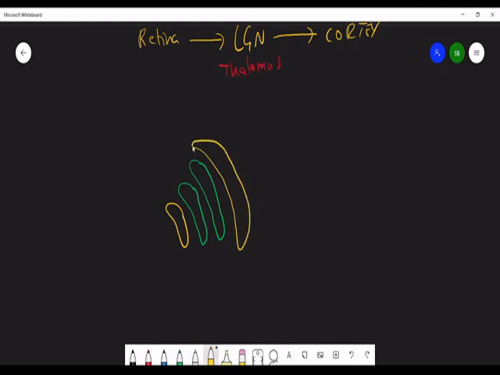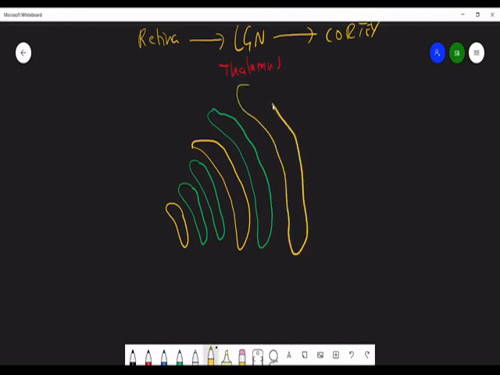Layer 4, Layer 5, and Layer 6. 1, 2, 3, 4, 5, 6.